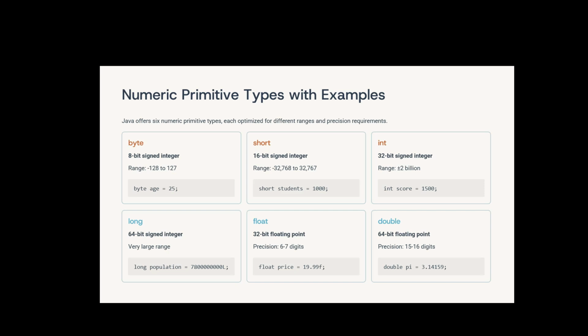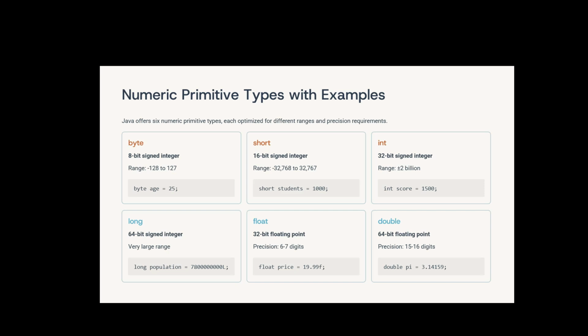If we talk about short, it is a 16-bit signed integer. If we talk about int, it is a 32-bit signed integer. If we talk about long, it is a 64-bit signed integer, which means it is a very, very large range. If we talk about float, it is a 32-bit floating point number. If we talk about double, it is a 64-bit floating point number.